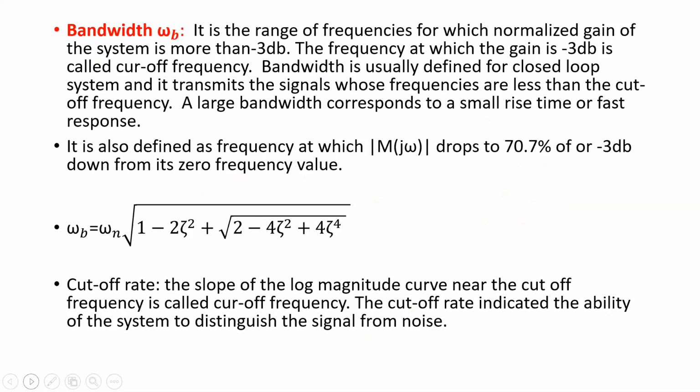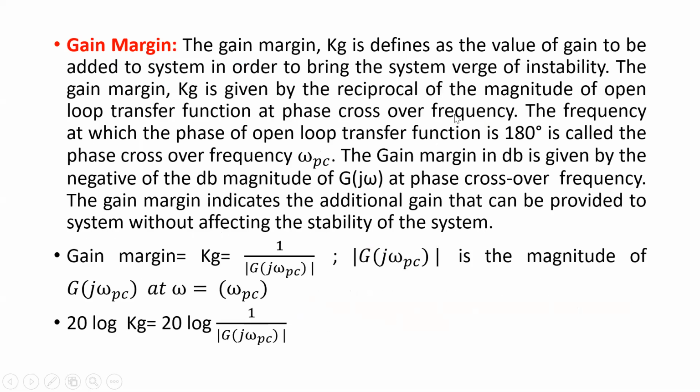Cutoff rate: the slope of the log magnitude curve near the cutoff frequency. This is the cutoff, called the cutoff frequency. Then gain margin. There is something called gain margin and phase margin. As we do the Bode plot, you will know. The gain margin is defined as the value of gain that should be added to the system in order to bring the system to the verge of instability.